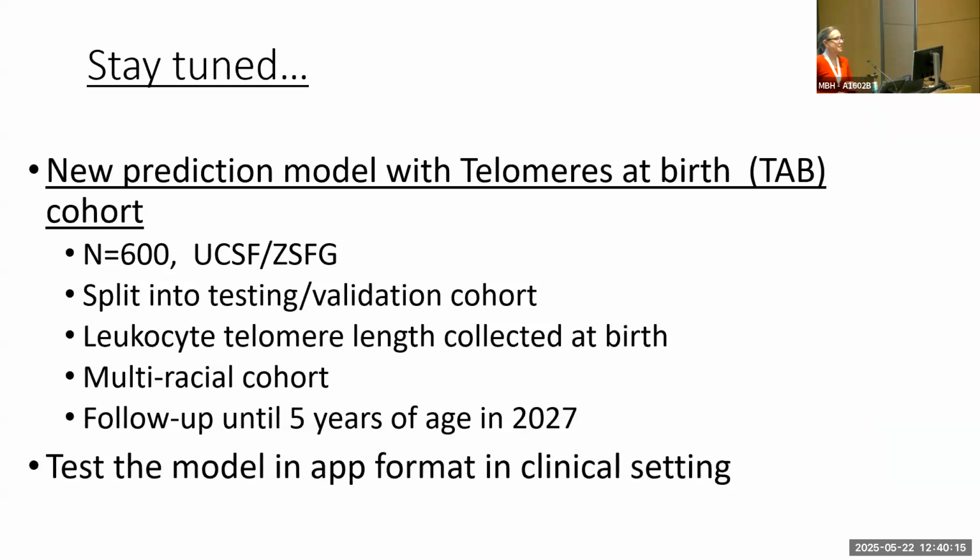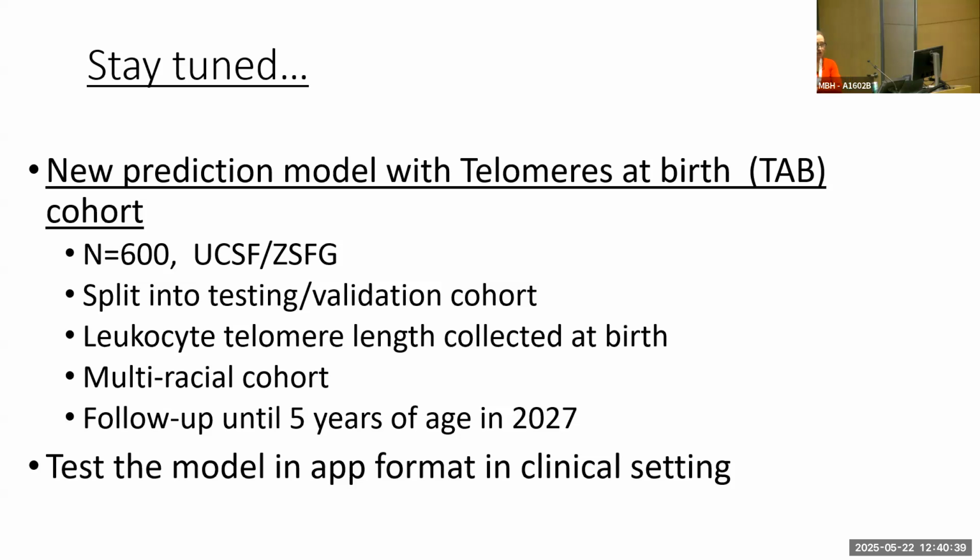So as I've mentioned, we do have a new cohort, 600 babies. Hopefully we can split it into a testing and validation cohort, more multiracial, multi-ethnic, and follow up until 2027, 5 years of age.